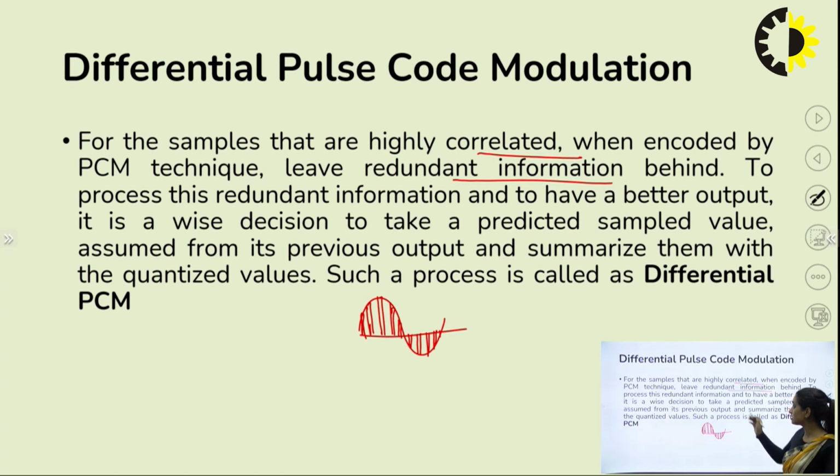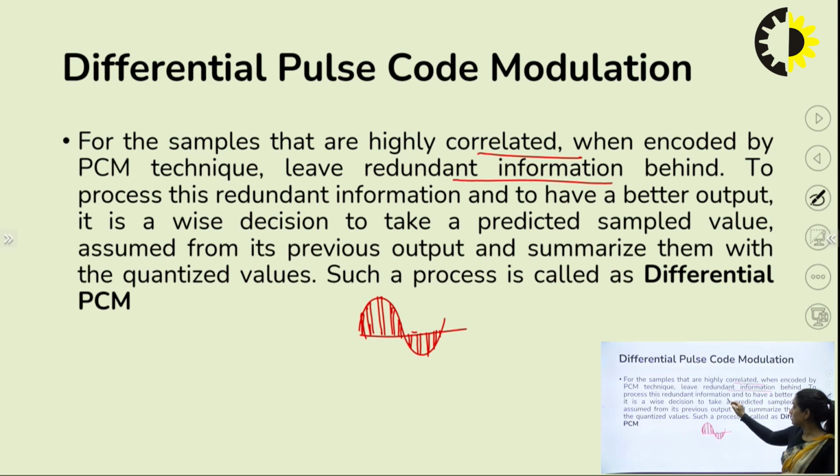So what happens in differential pulse code modulation? I may use a prediction circuit that will help me predict the output, so I will not generate so many correlated samples.